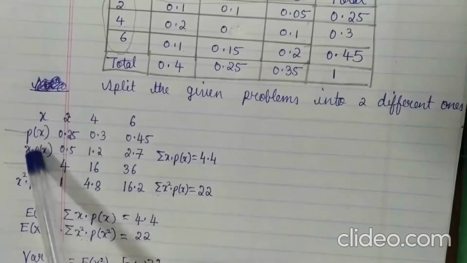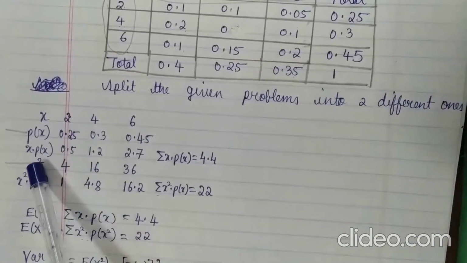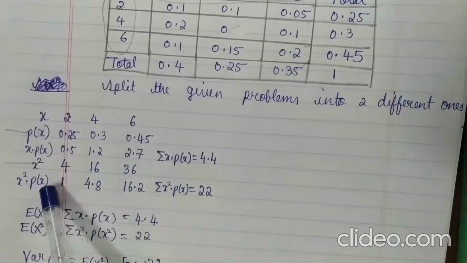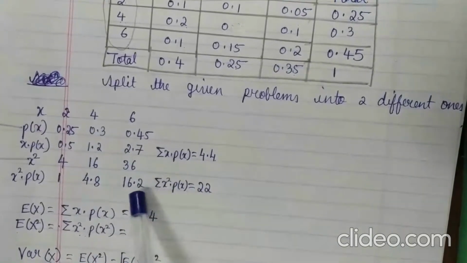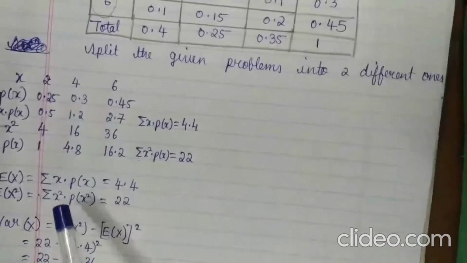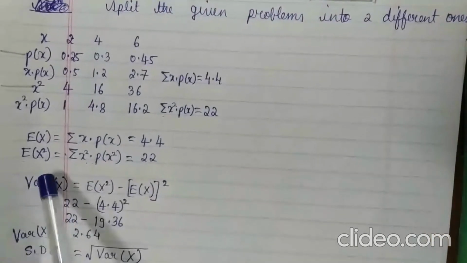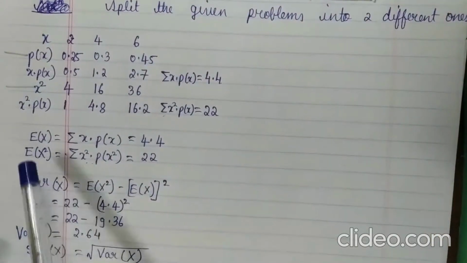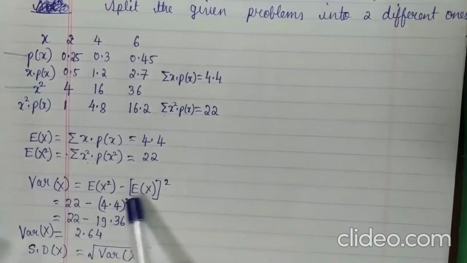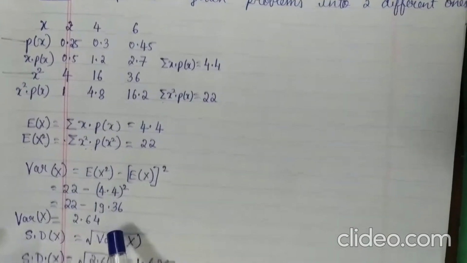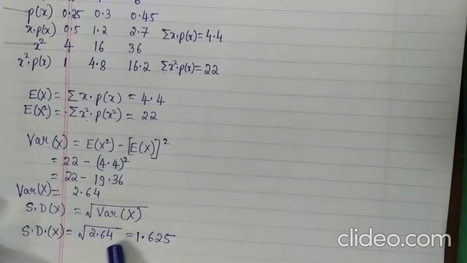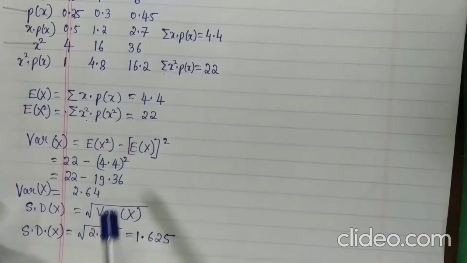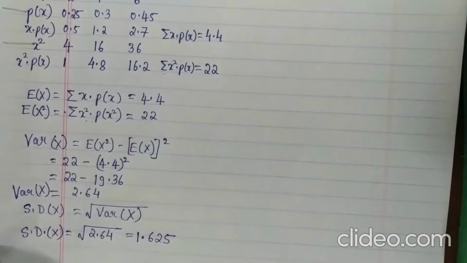Then we found x square, and then x square into p of x. We found summation of x into p of x and x square into p of x, because we want E of x and E of x square. Then we put it in the variance formula and found variance. Once we have variance, we find standard deviation, because standard deviation is equal to square root of variance.